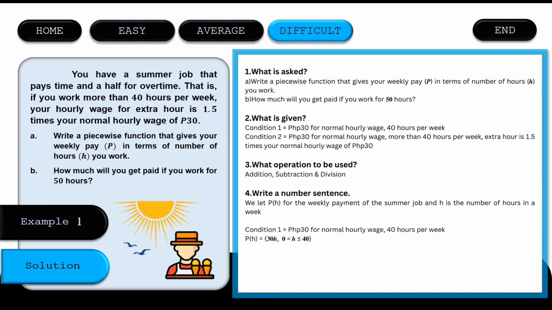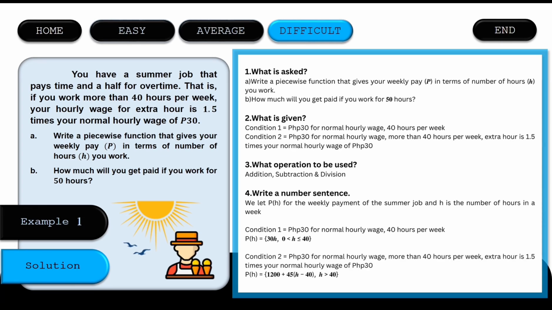Sinabi sa example, bilang ikaw daw ay binabayaran ng 30 pesos for normal hourly wage, magkakaroon tayo ng 30 times the number of hours you work, and then the interval will have H is greater than 0 but less than or equal to 40. Sa kasunod na statement, if you're going to work more than 40 hours per week, you are going to have 1,200 plus 45 times the quantity of H minus 40.